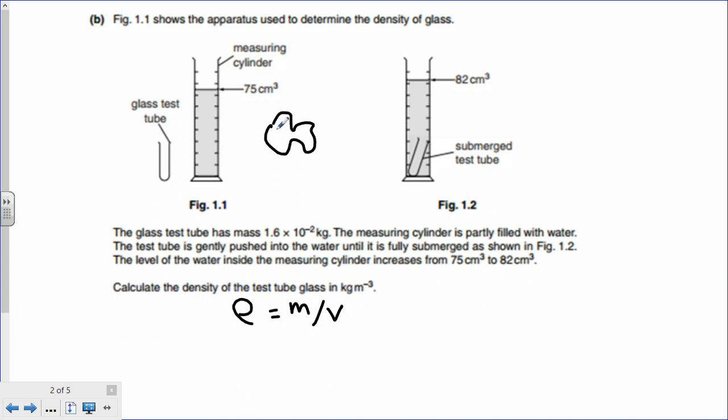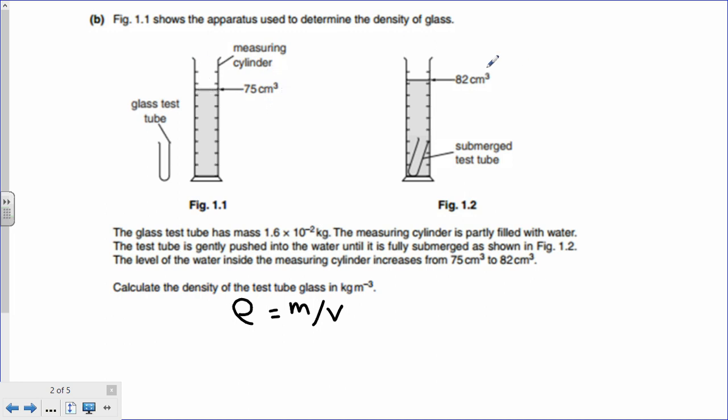It's very easy with this method because all you do is put this object in the water. In order for that object to exist inside the water, a volume of water needs to be displaced, which will be exactly equal to the volume of the object. Therefore, if you know the original volume of the water, and then you know the volume afterwards, because it's obviously going to go up, then the amount that's gone up by is exactly equal to the volume of the object.